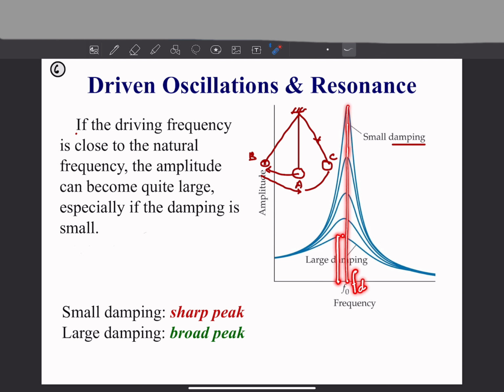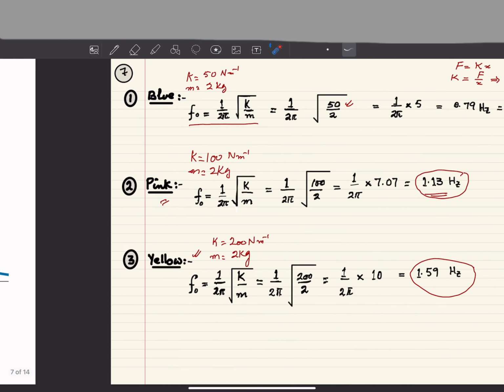So for the large damping situation, the driving frequency will be less than this driving frequency. This is very, very important: the broad base shows that you get the resonance situation earlier than in the small damping case. So be careful of these points.